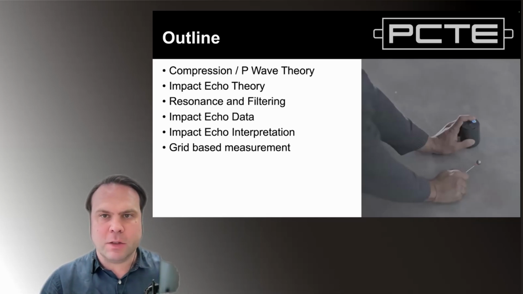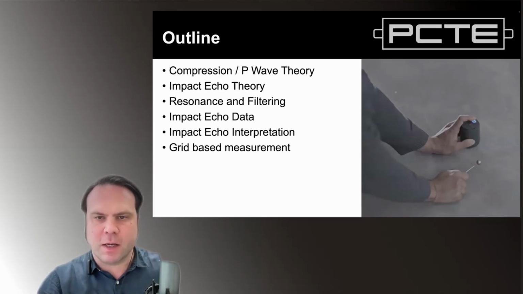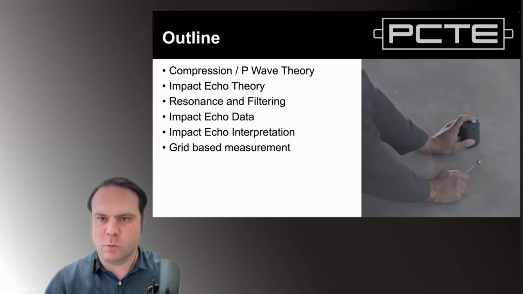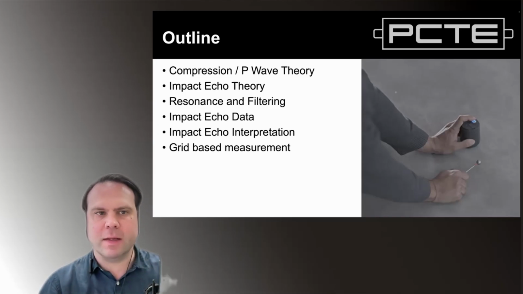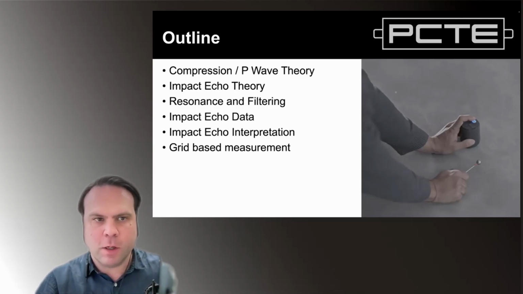I'm going to begin by talking about compression wave theory, one of the many forms of seismic energy that are transmitted when we strike or otherwise induce energy into a concrete structure or other material. Then I'll explain how impact echo testing works.